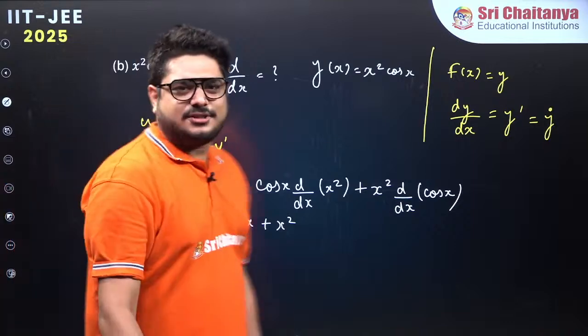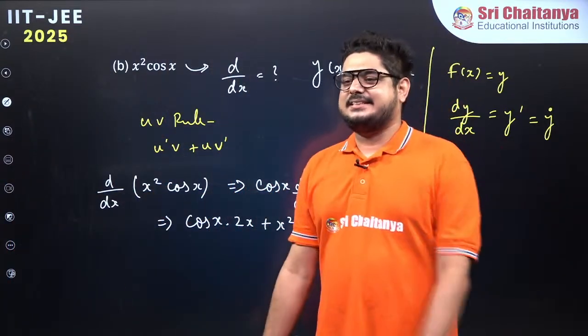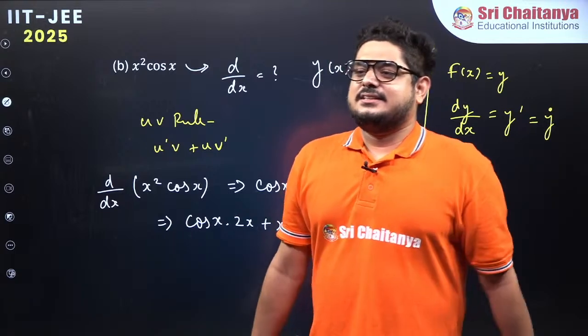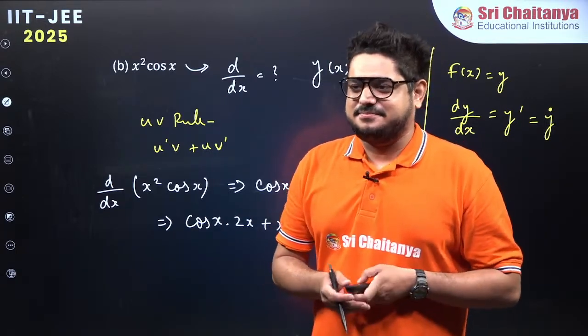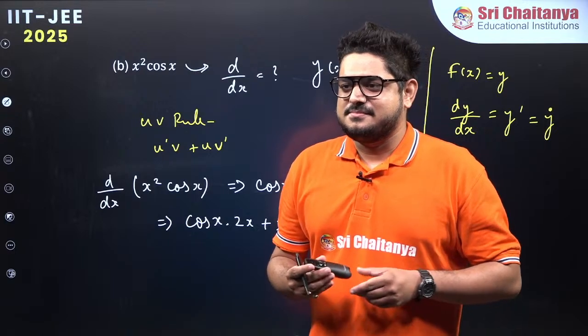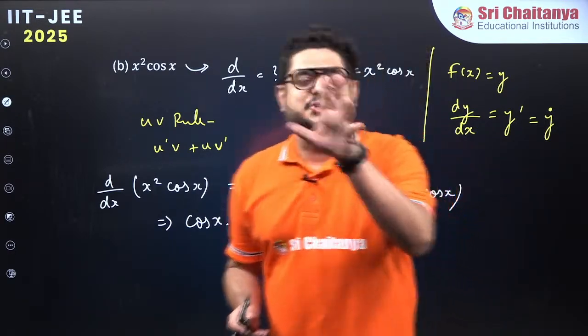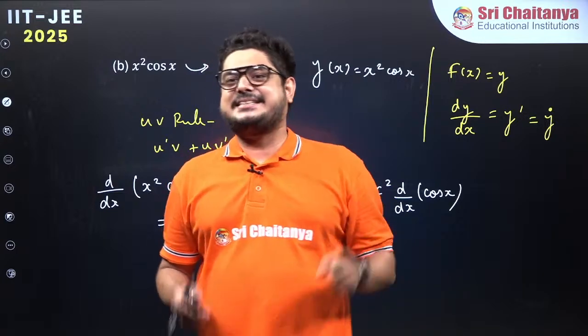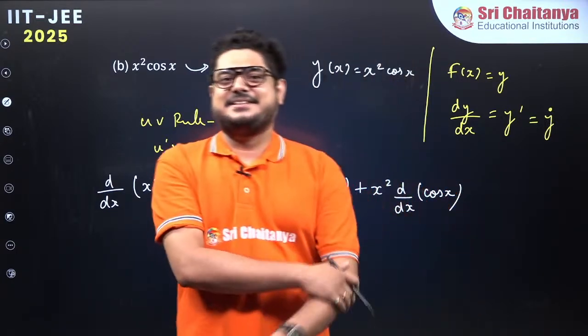d by dx of cos x. Write it down in the chat box. What is d by dx of cos x? Minus sin x. Minus of sin x, not positive sin x. If you can recall the previous class, I have already given you the formulas.